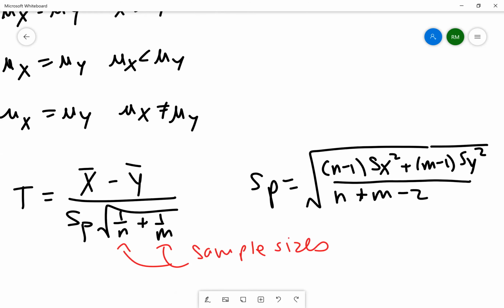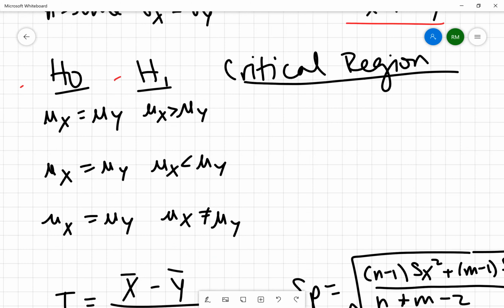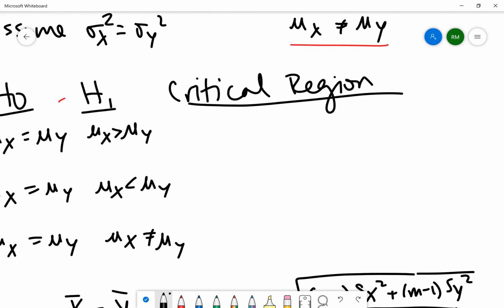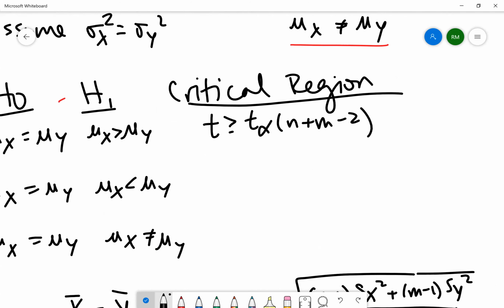All right, so using this information, we can define the critical region. The critical region should look like T is bigger than or equal to t_alpha of n plus m minus 2. That is the region in which you would reject the null hypothesis.